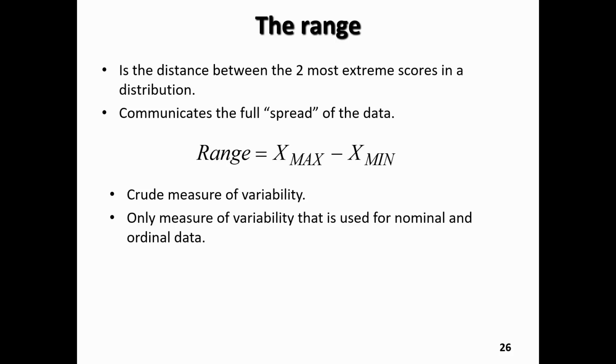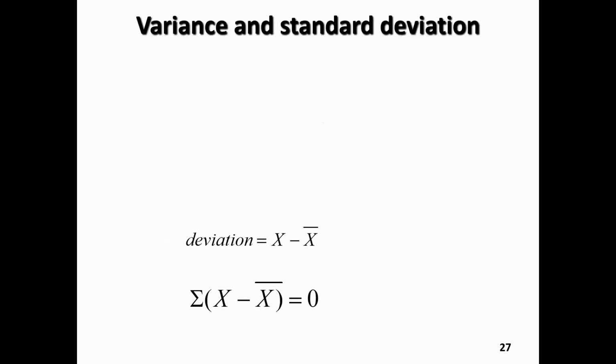So the range does have utility for interval and ratio data as well. But when we have ratio and interval data, the variance and the standard deviation are the two accepted means to quantify variability for, once again, interval or ratio data.